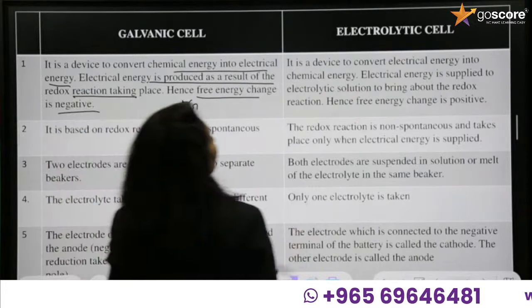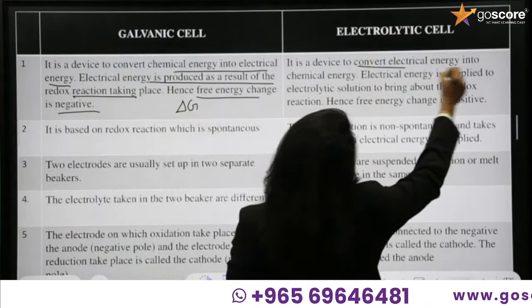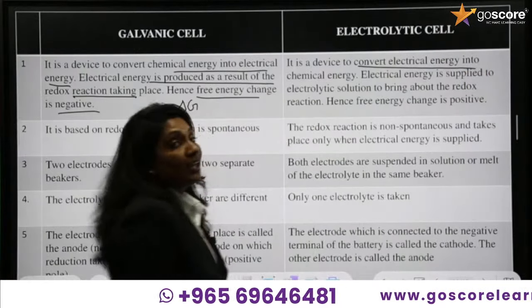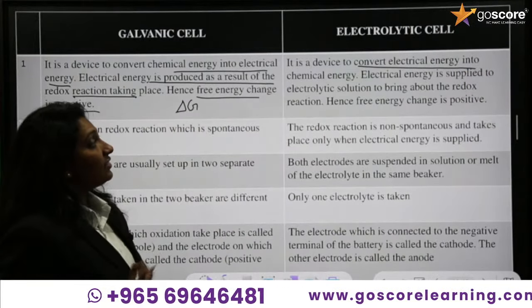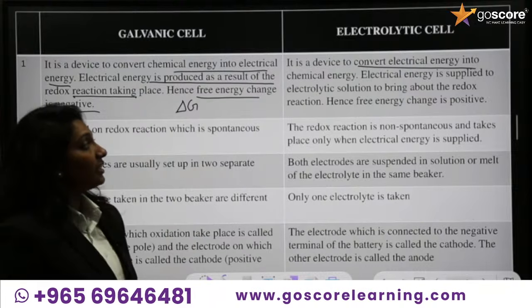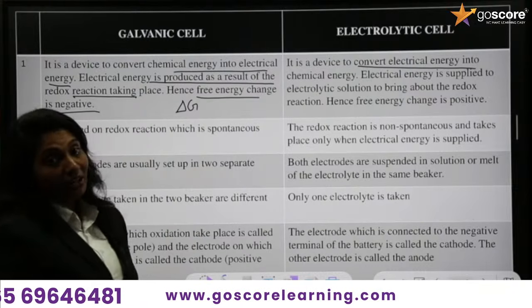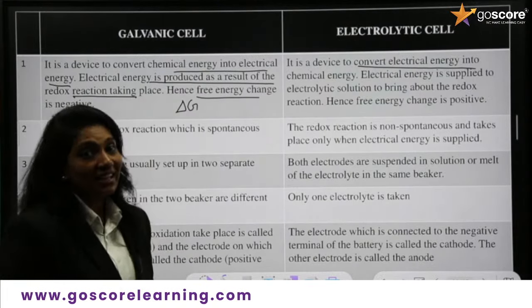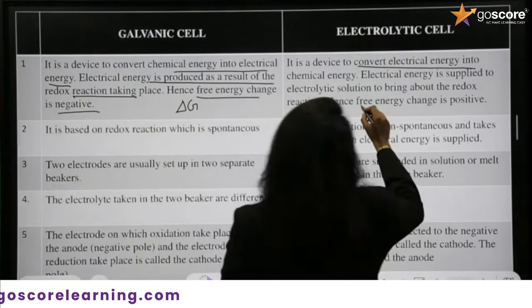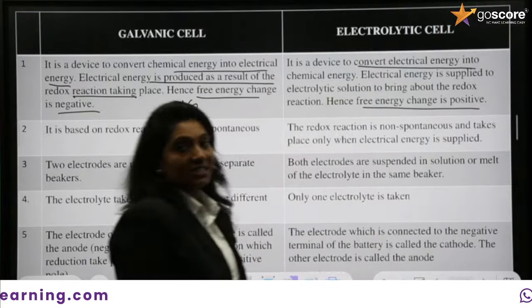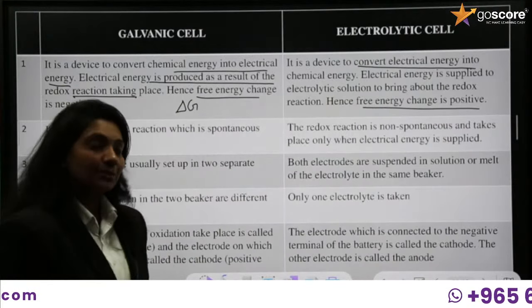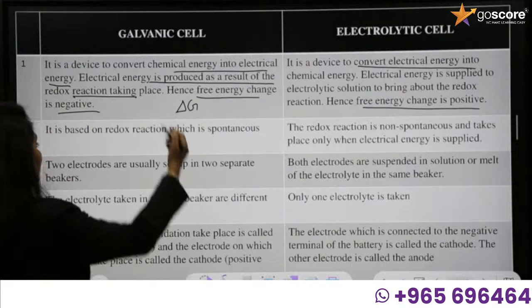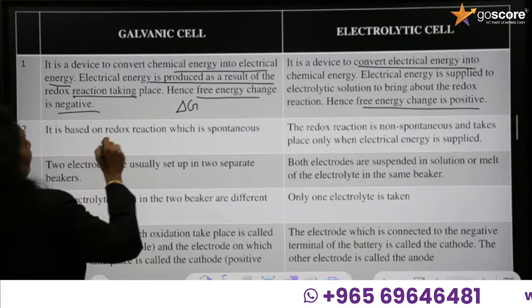So the electrolytic cell is the device to convert electrical energy into chemical energy, and this electrical energy is supplied to the electrolytic solution to bring about the redox reaction. So here energy is being given, so the delta G is positive there. The free energy change is positive in an electrolytic cell, right? Okay, now see the next difference.